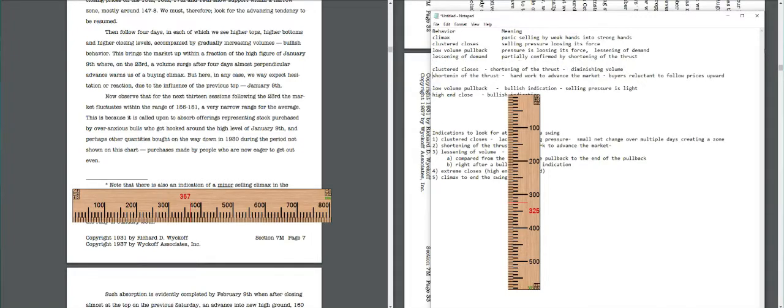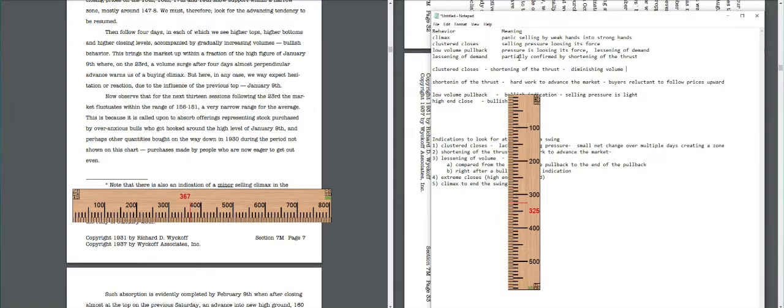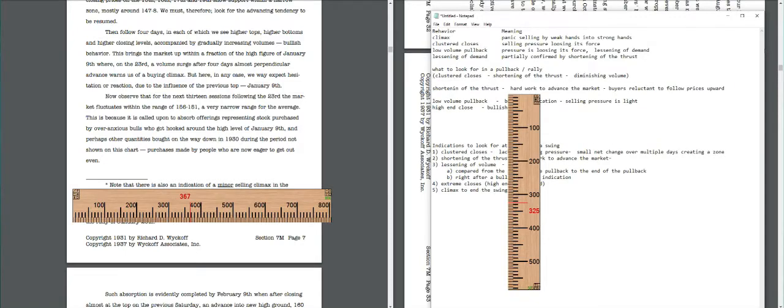All these three things together are what to look for in a pullback or rally. These are three basic things. Rally or pullback should be the other way around.